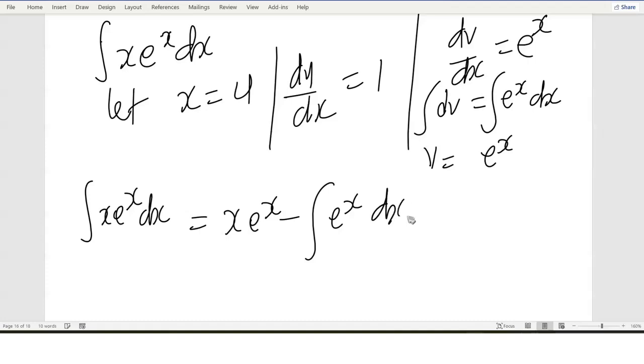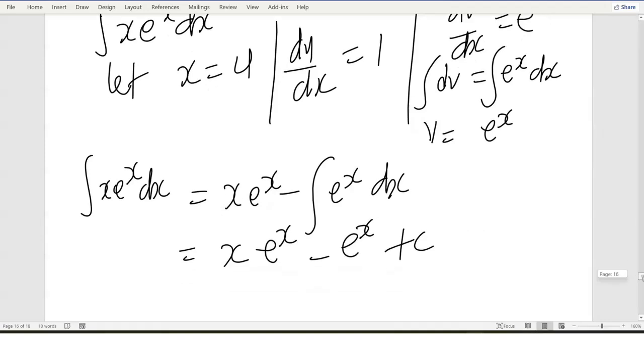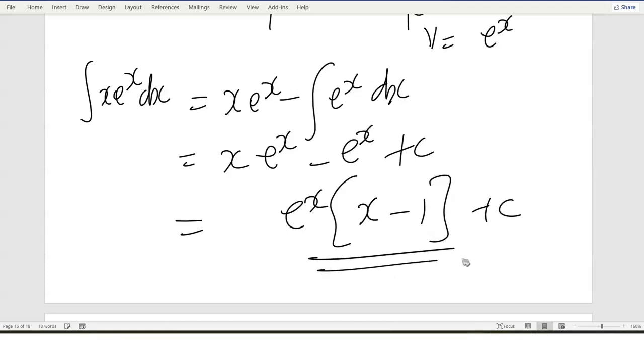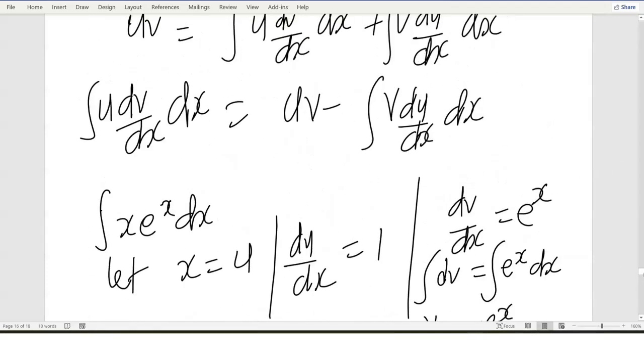So this would have reduced my burden. This becomes x exponential of x, and if I integrate this, I still have exponential of x plus c. Finally, this becomes exponential of x into (x minus 1) plus c. And that is the indefinite integral of that.